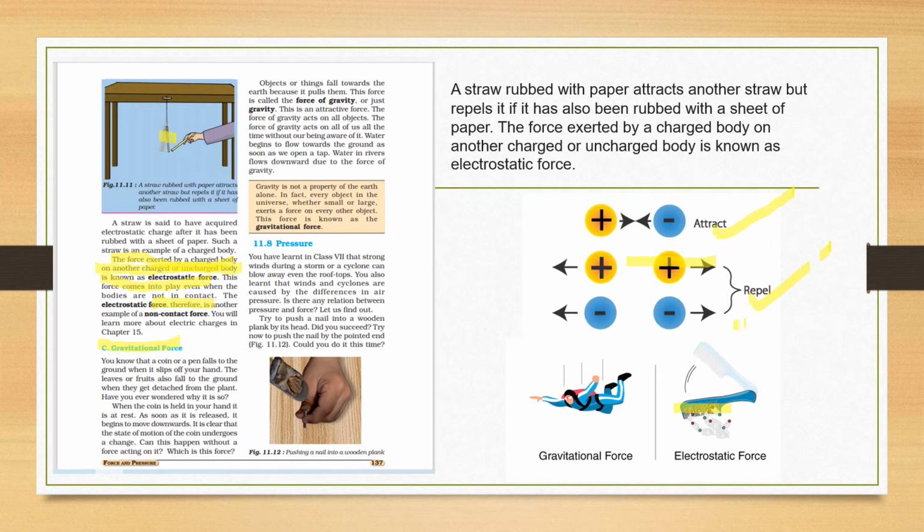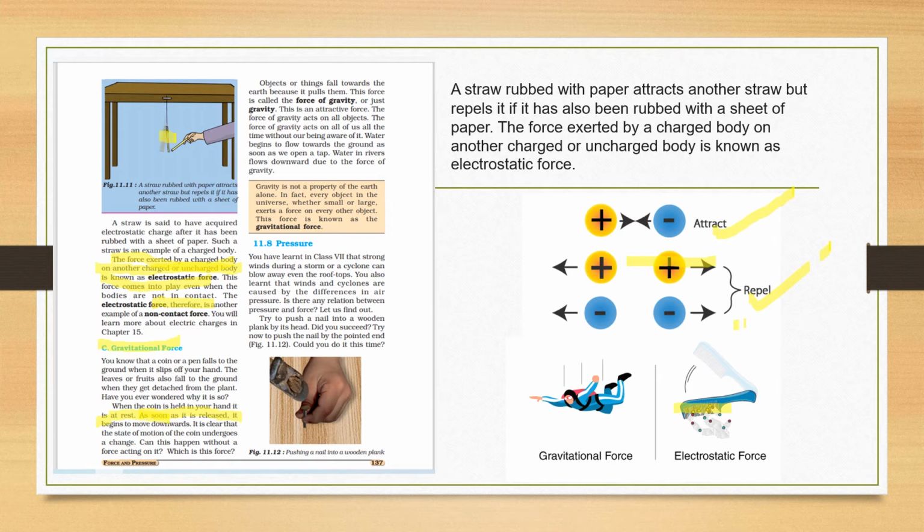When you open the tap, the water runs towards the ground. Whenever leaves or fruits are detached from the plant, they go towards the ground. So whenever they are released, they begin to move downwards.